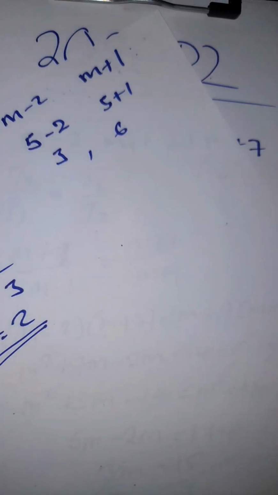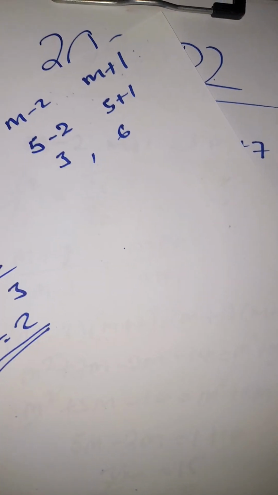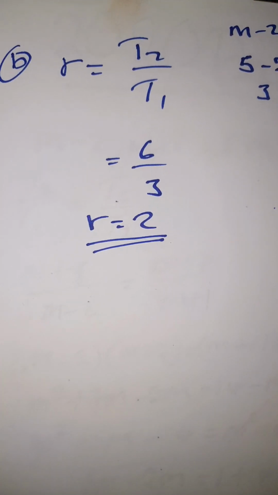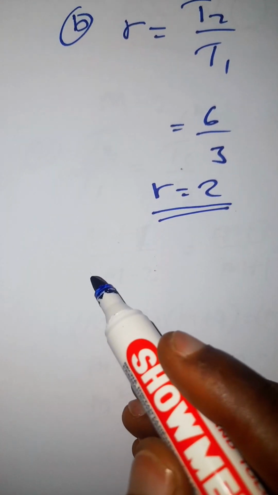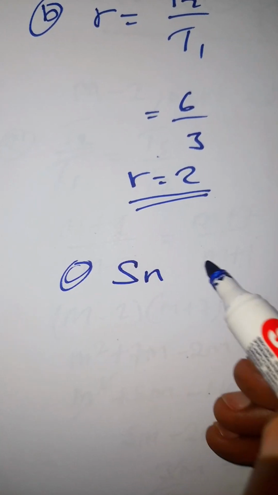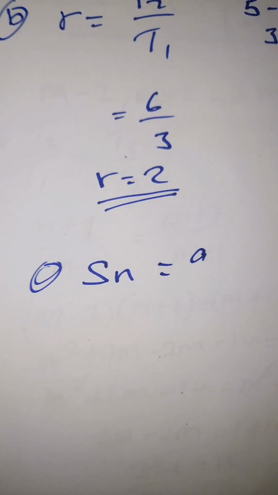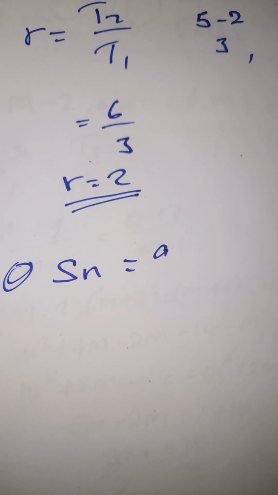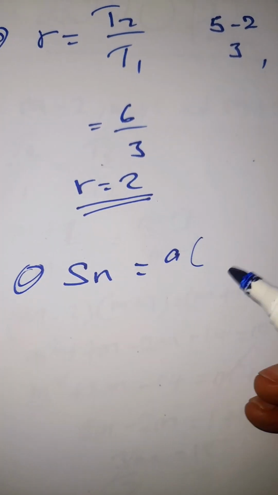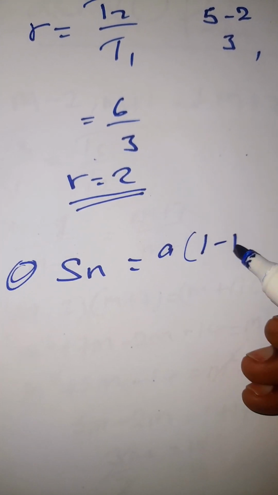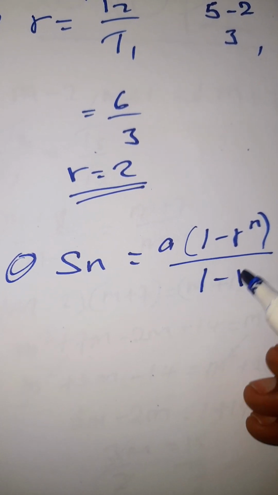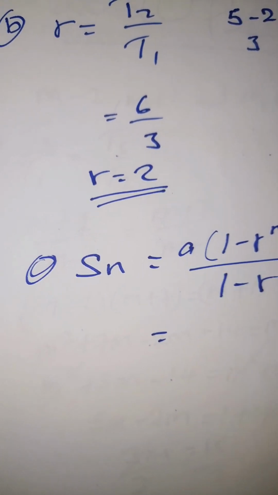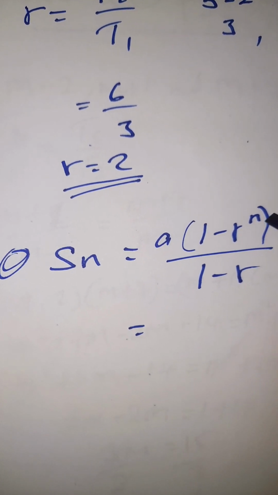The sum of the first 6 terms. All right, so the sum of the GP is given by the formula Sn is equal to a, open bracket, 1 minus r to the power n, over 1 minus r, where a is the first term, r is the common ratio, n is the number of terms.